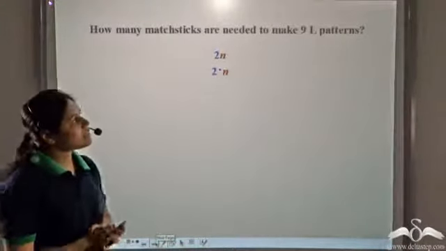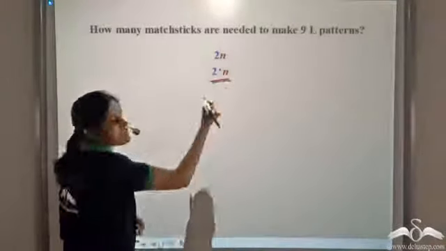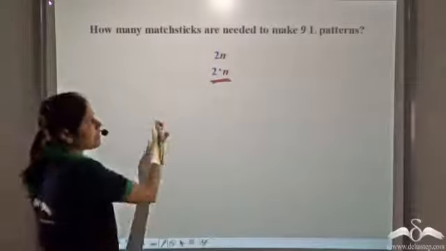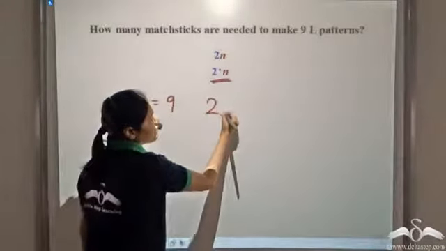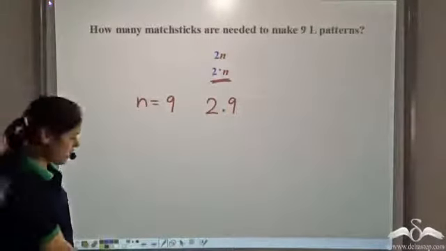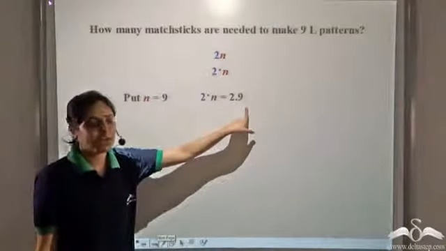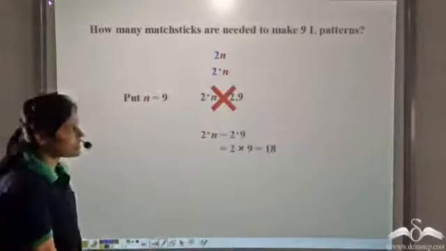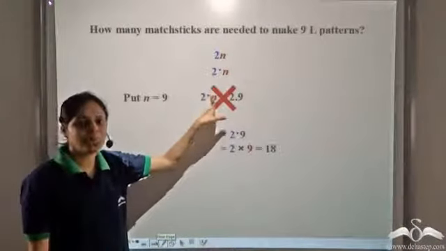How many matchsticks are required to make 9 L patterns? If we use this, putting n is equal to 9, can we write 2.9? This is 2.9. Even this is incorrect because this dot does not represent a decimal point.